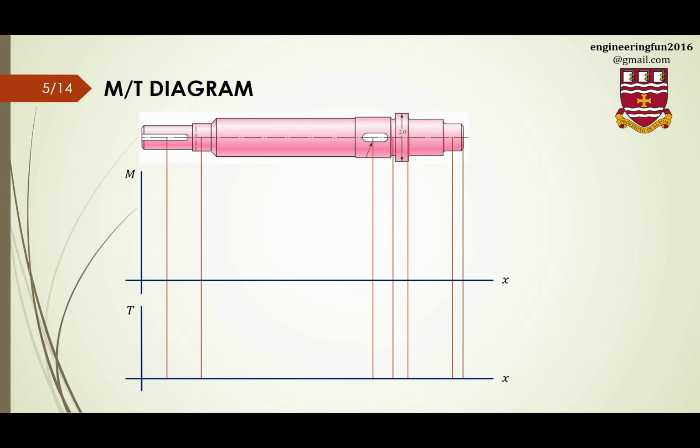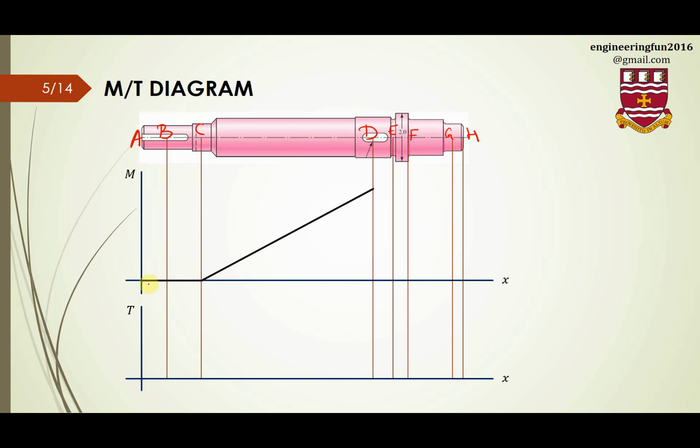From last lecture, we found that, for example, if that's my point A, critical point A, point B, point C, point D, point E here, point F, point G, point H. From last lecture, we found equations for moment.